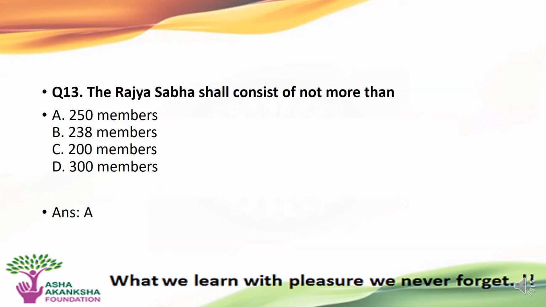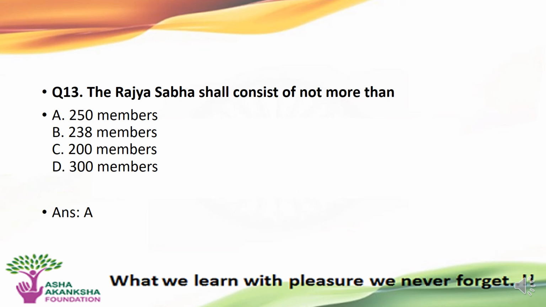The next question is the Rajya Sabha shall consist of not more than how many members? Options are A. 250 members, B. 238 members, C. 200 members, or D. 300 members.